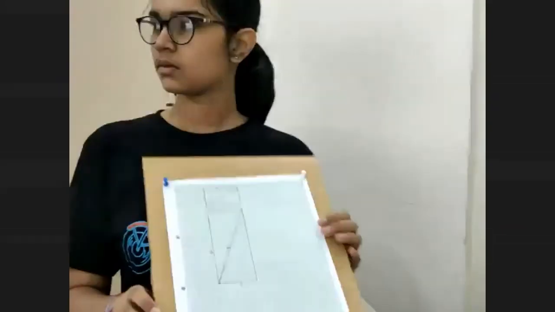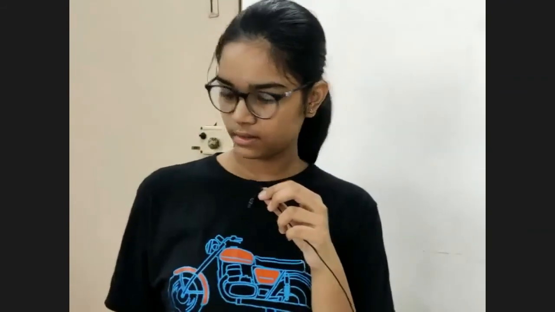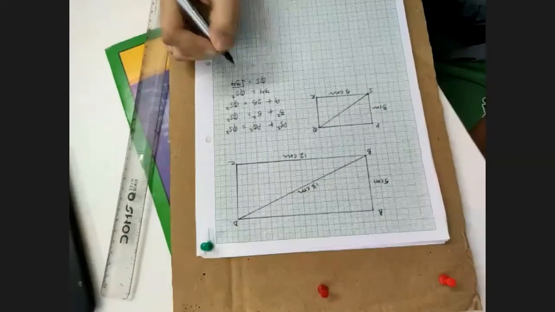Nandita, please say what you have done. Take the mic in your hand. We get 5.9 as the diagonal. Okay, now verify 3 squared, 5 squared, and 5.9 squared. 3 squared is 9. 5 squared is 25. 34.